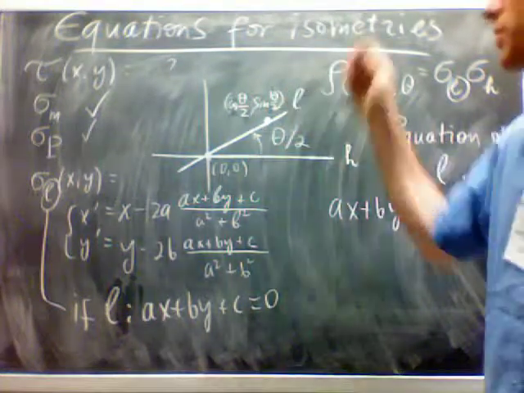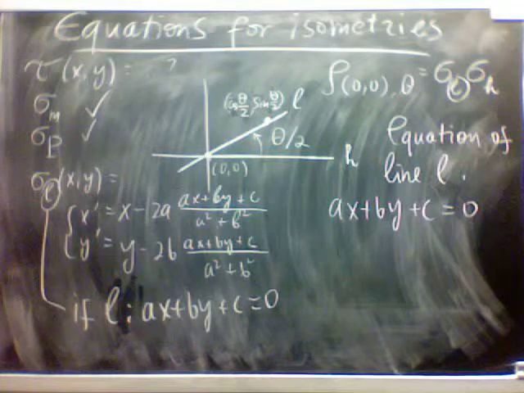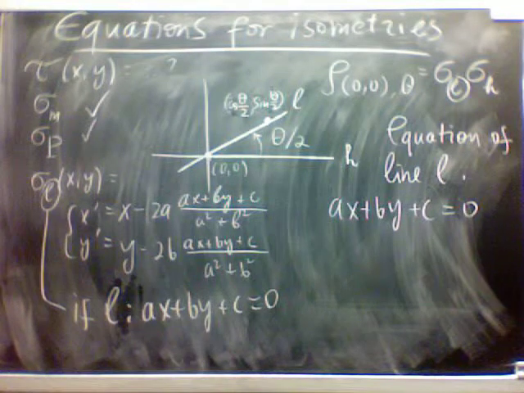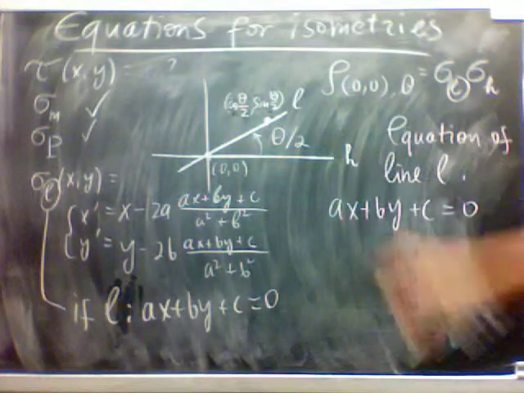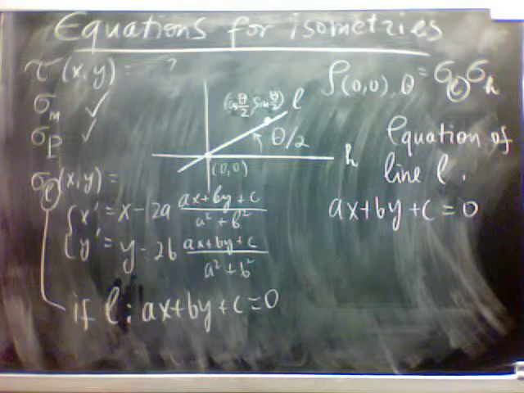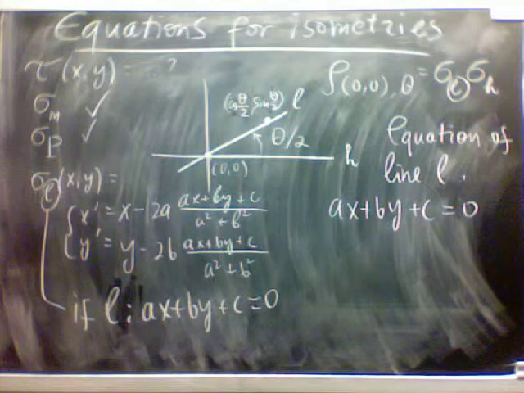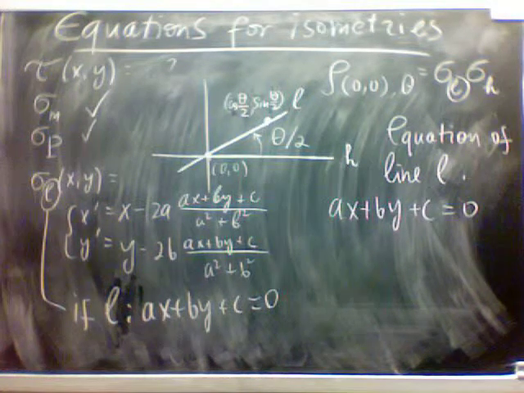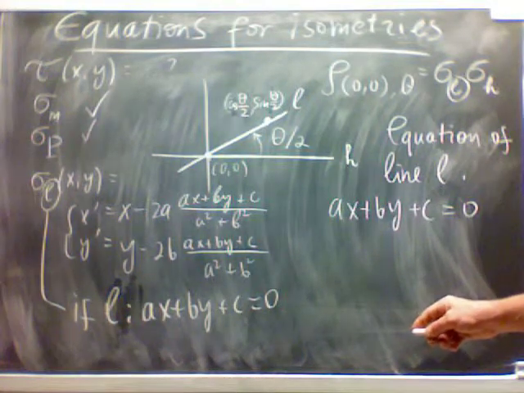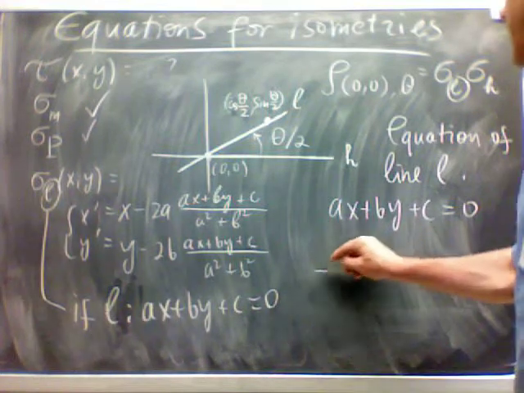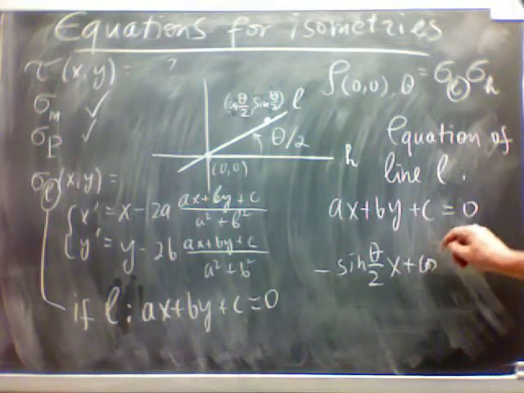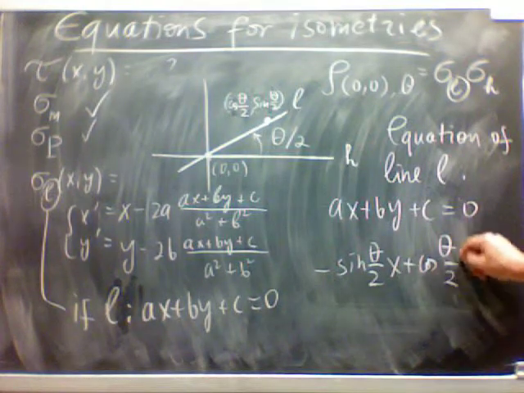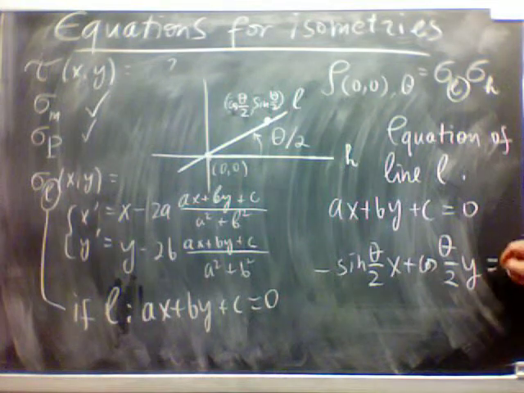And looking at this, you can, for instance, get a slope, and you can draw the line through the point 0, 0 with the slope that you can easily get. So as a result, you should get minus sine theta over 2 x plus cosine theta over 2 y equals 0.